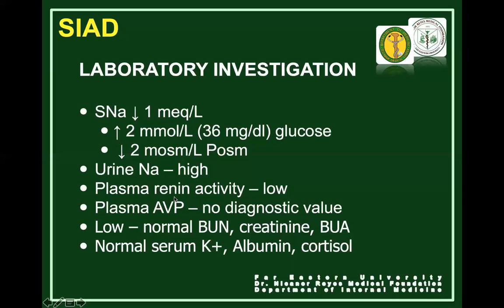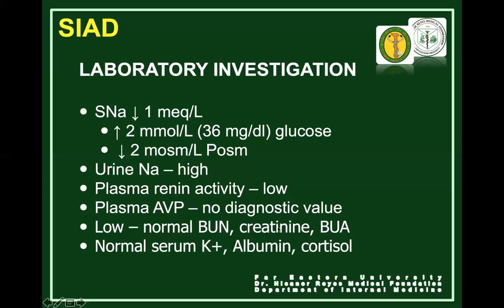The renin plasma activity is low because your patient should not be dehydrated. This is one of the hormones wherein measuring the actual hormone will not give you a diagnostic value. So plasma AVP has no diagnostic value in measuring SIAD. So don't even measure this one, okay?